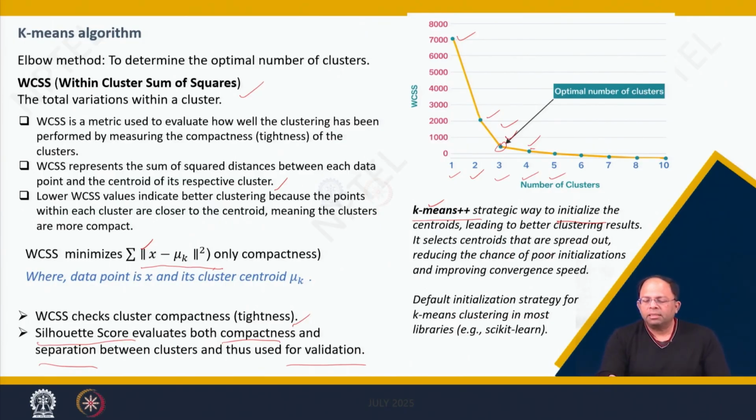The centroids are spread out, reducing the chance of poor initialization and improving convergence speed. Instead of random initialization that may lead to very nearby centroids, I can make sure that from the initial time itself the centroids are spread out so that convergence will happen faster. That means the number of iterations will reduce. You will find that in many cases this is the default, but in some algorithms we have to also give it.